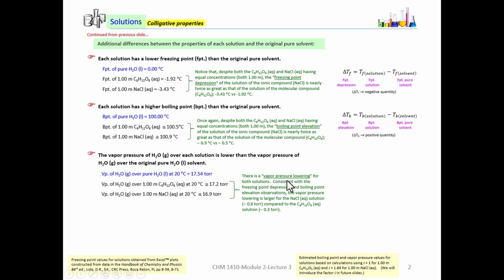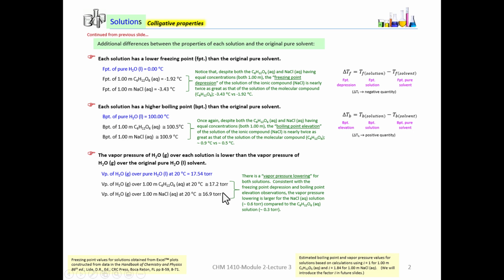So there's a vapor pressure lowering for both solutions, and consistent with what we saw for the freezing point depression and the boiling point elevation, the effect seems to be about twice as large for sodium chloride solution as for the glucose solution.